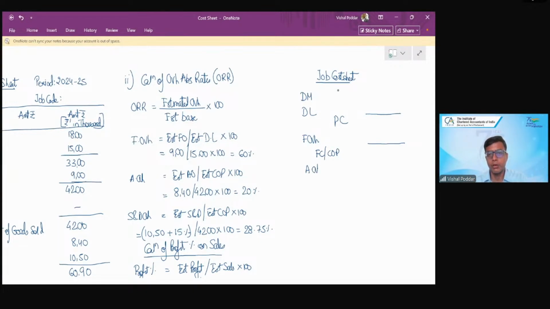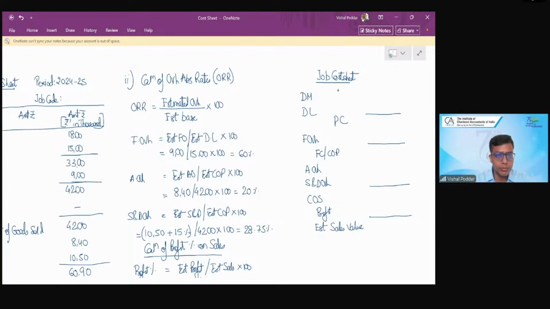Then you have the general administration, you have selling and distribution. This will give me COS. In that, when I add profit, I will get my estimated sales value.